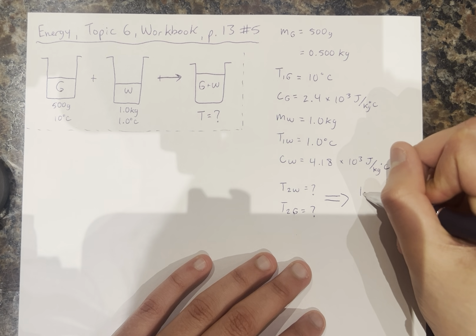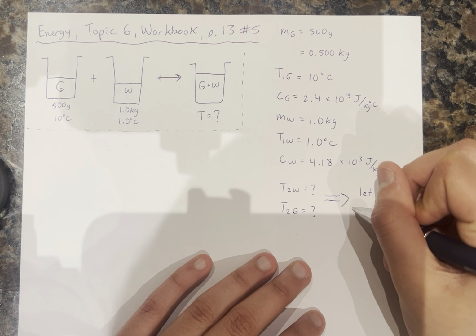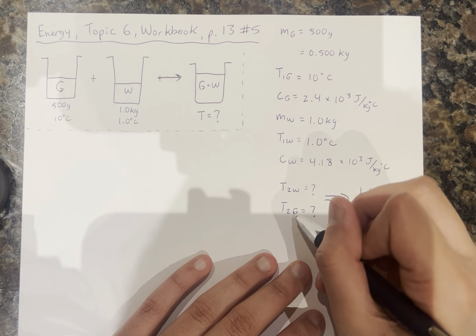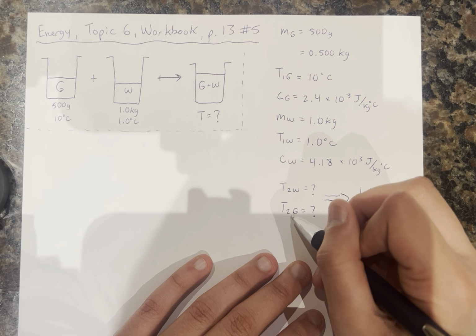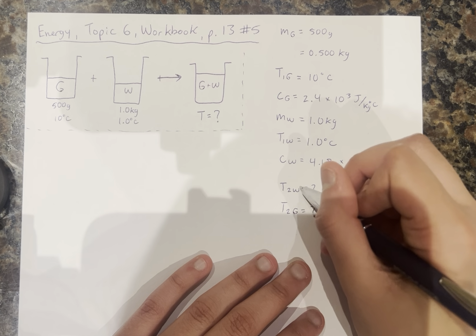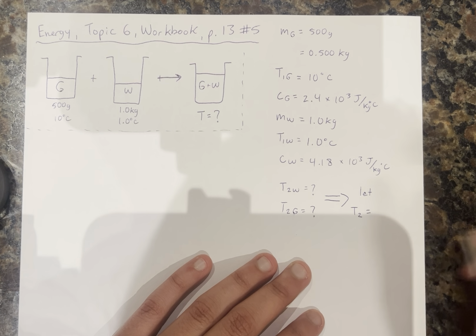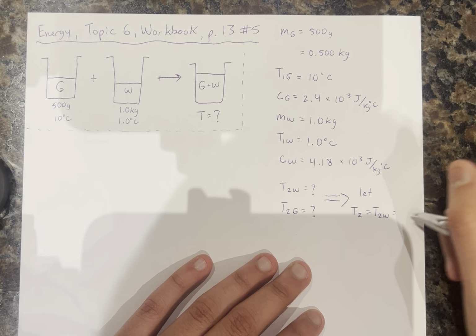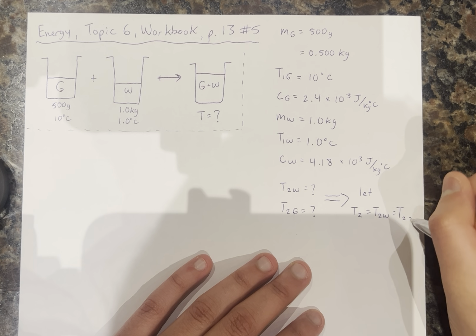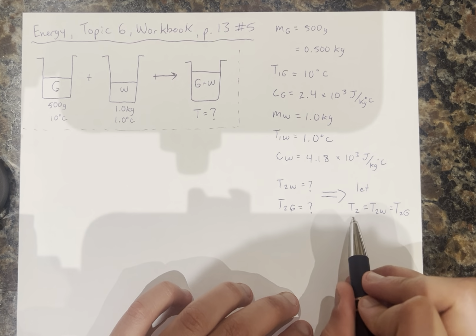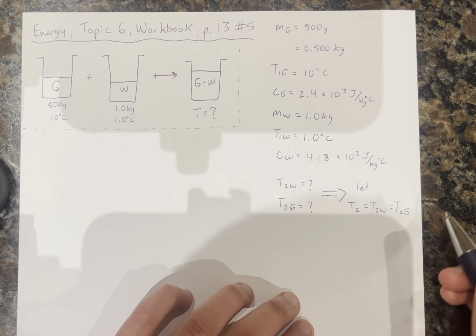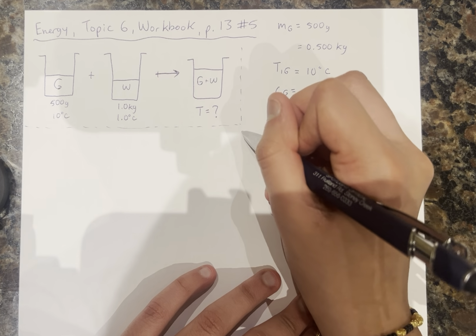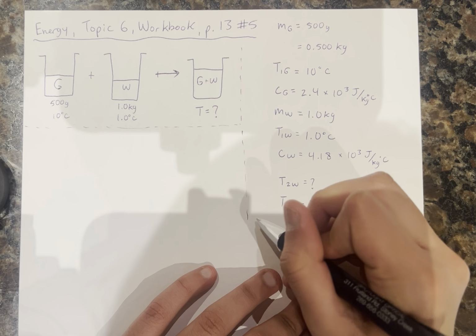So what we can say is let T2, which essentially just cancels out the substance, since it doesn't specify what substance it is, just saying final temperature, be equal to T2W, which equals T2 glycerin. This is going to be important for when we're solving the question later on. So that's all I want to do for my givens.